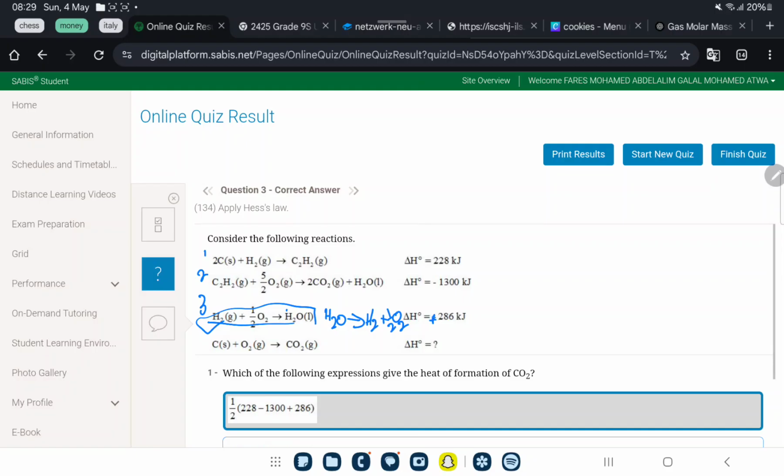Now we combine all of the reactions, putting all of the reactants together and all of the products together. So we have 2C plus H2 plus C2H2 plus 5/2 O2, plus, now see here, this is the reactant, plus H2O.